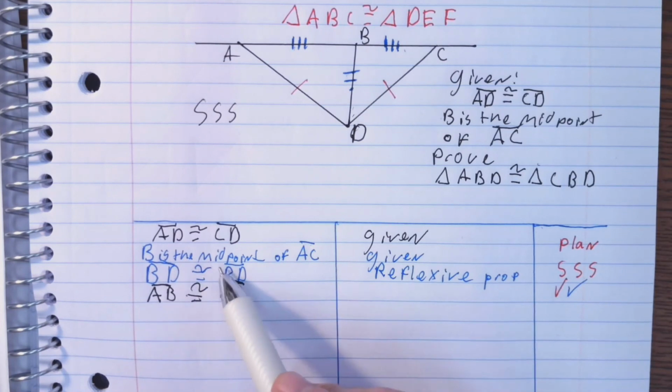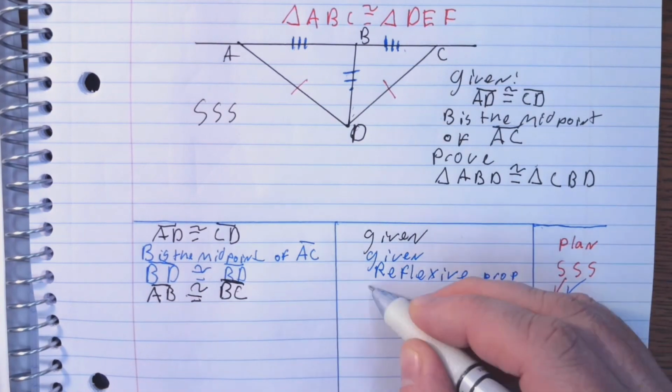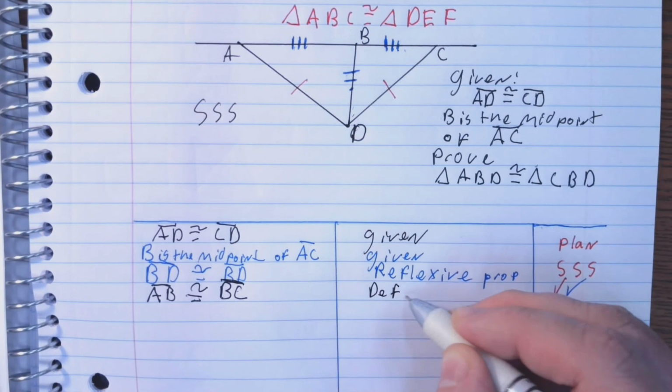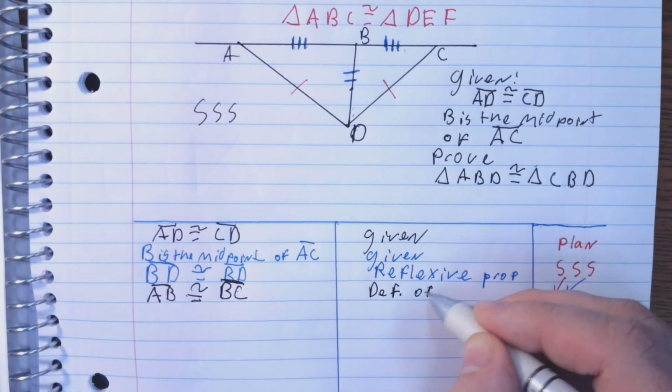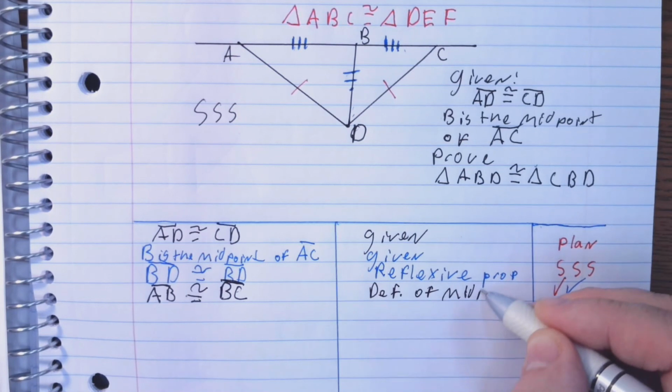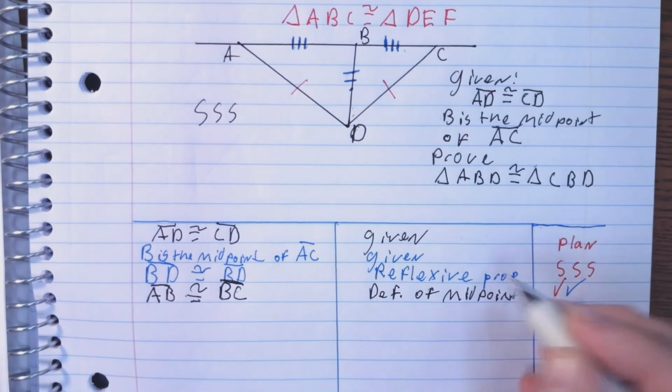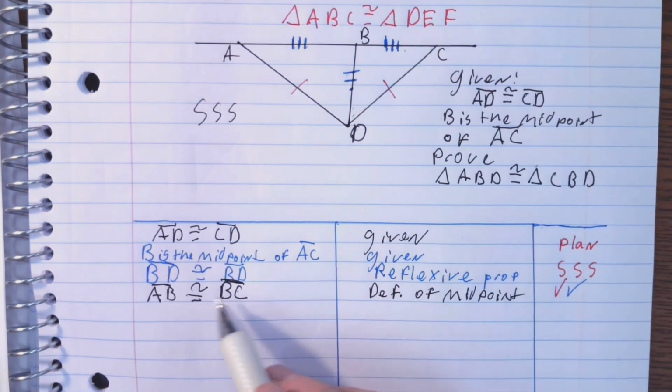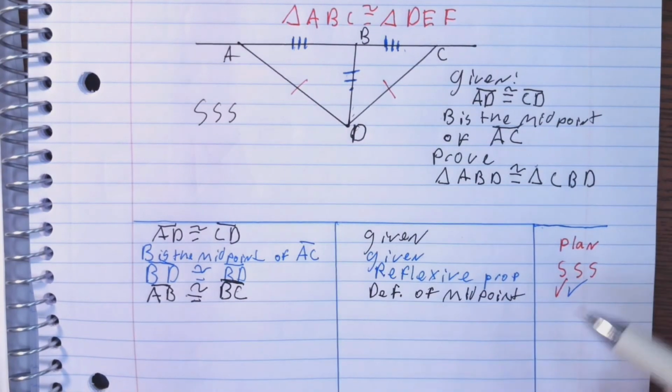B is the midpoint of AC. I can say this by doing the definition of midpoint. Right? Midpoint creates two congruent segments. That's the definition. And that creates that. So now I have three sides.